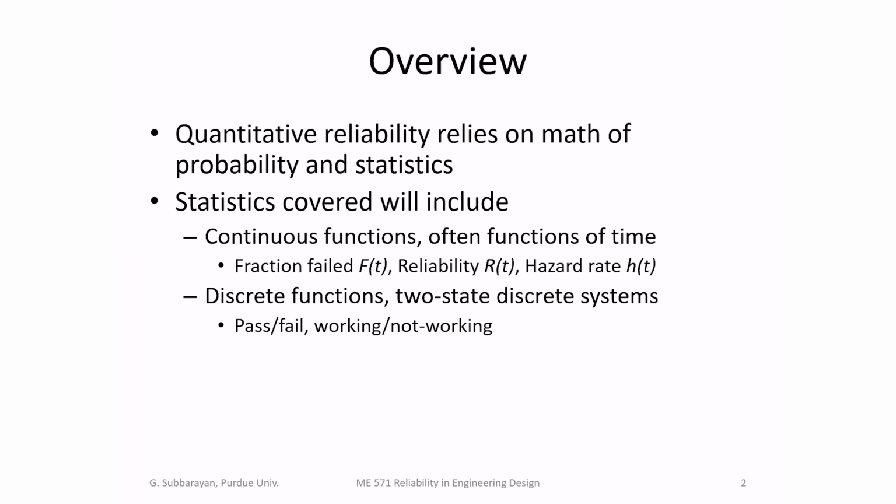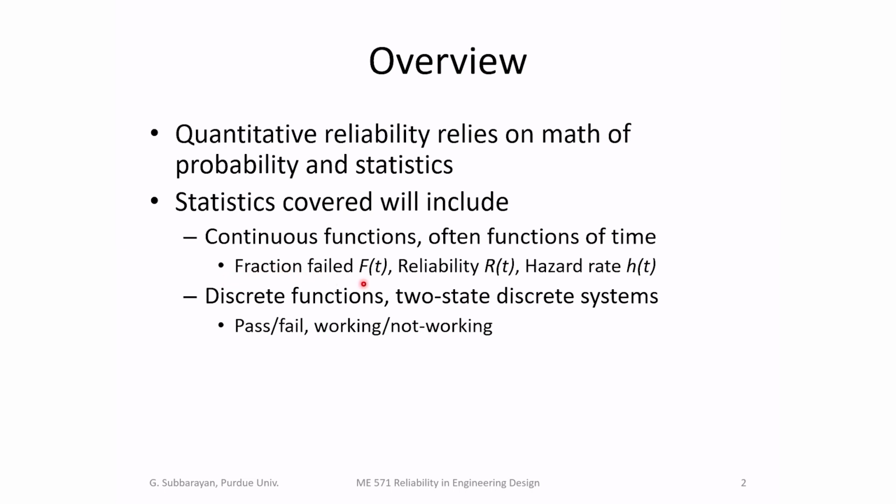So we will cover continuous functions, functions of time. We will talk about something called the cumulative distribution function, which is a statistical concept. But from a reliability point of view, its importance is that it characterizes the fraction of components that have failed at a given instant in time. So I start with 100 parts, I put them through test, and they start to fail.